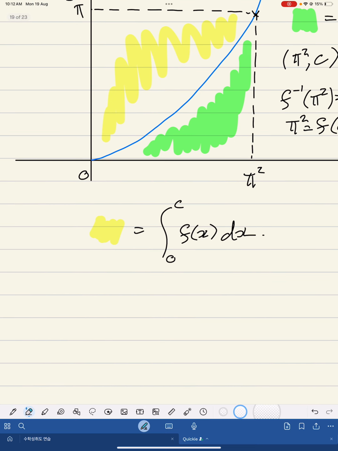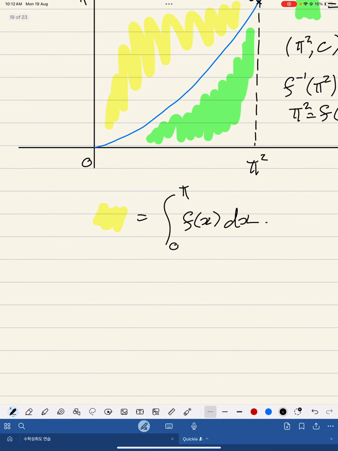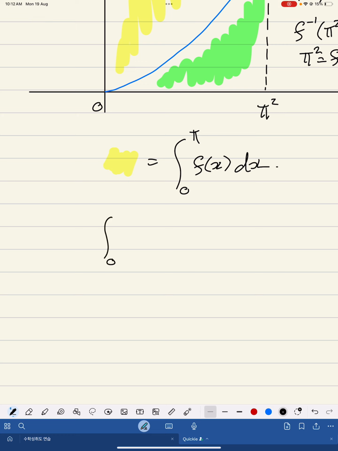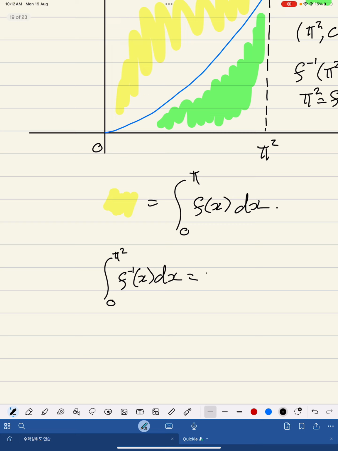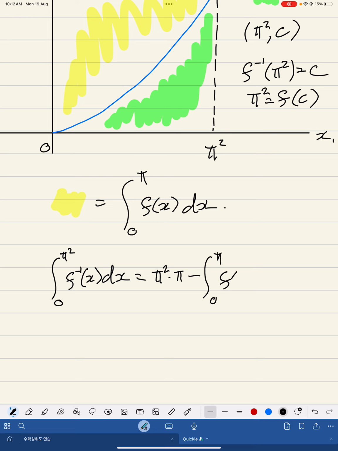So we want to find now the integral from 0 to pi of f of x dx, which is the yellow area. So our original area, the integral from 0 to pi squared of f inverse of x dx, just equals the area of the rectangle, which is base times height, pi squared times pi, minus the integral from 0 to pi of f of x dx, right?